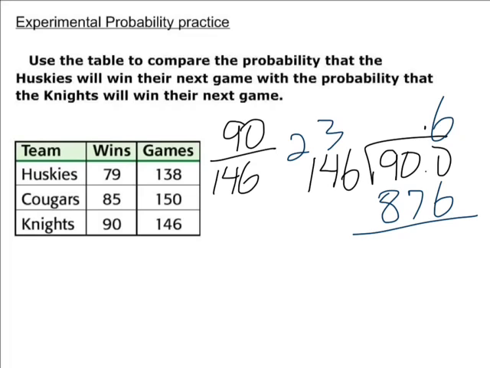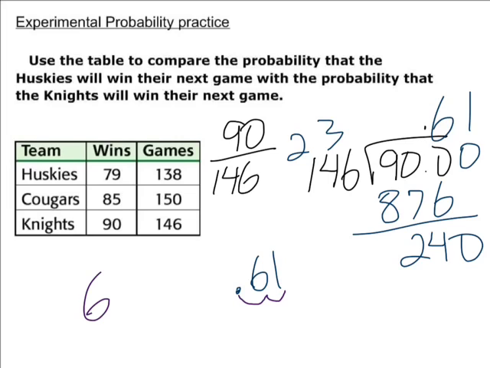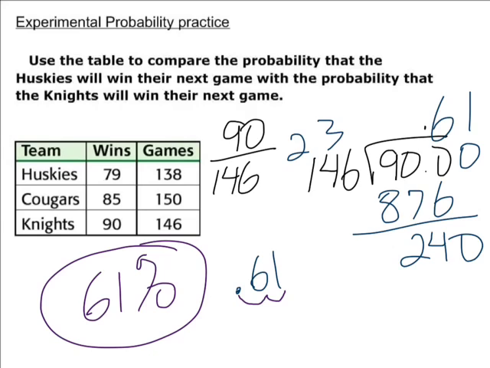Got 876, so I have a remainder of 24. Go ahead and bring down a 0. And 146 only goes into 240 one time. So 0.61. I turn that into a percent by moving the decimal 2 places to the right, which would be 61% probability of winning. So you can see the Knights actually have the greater probability of winning their next game.